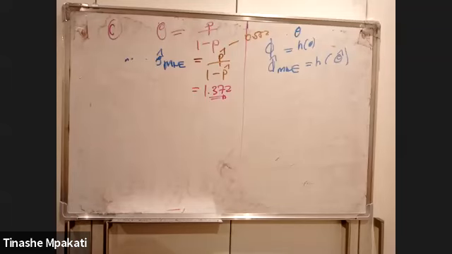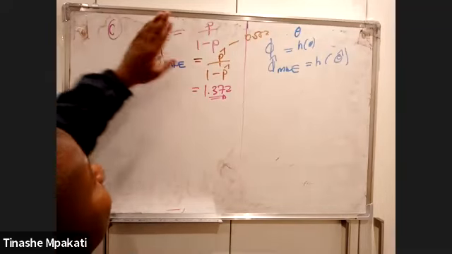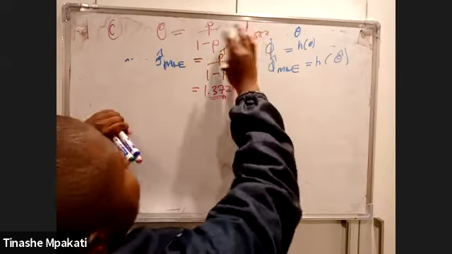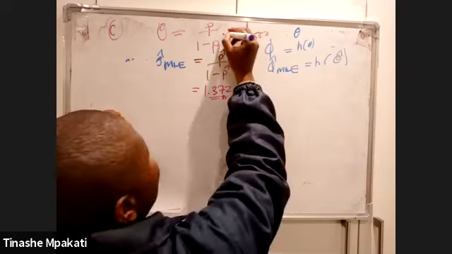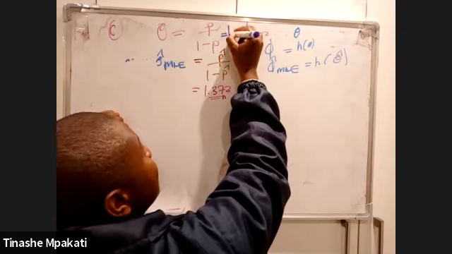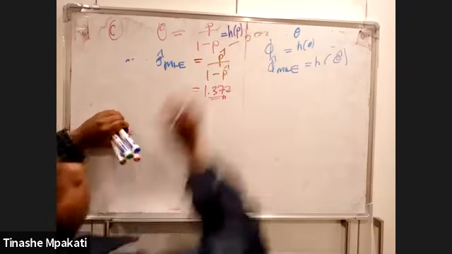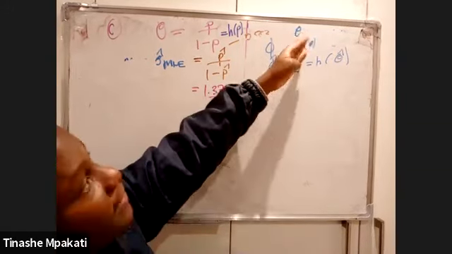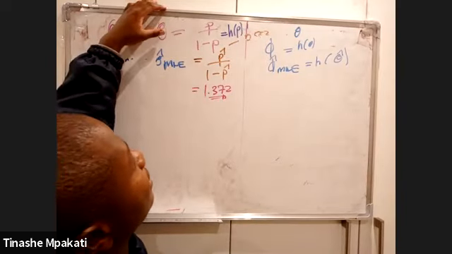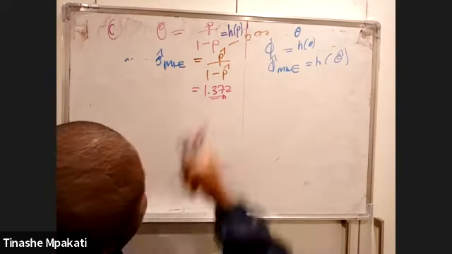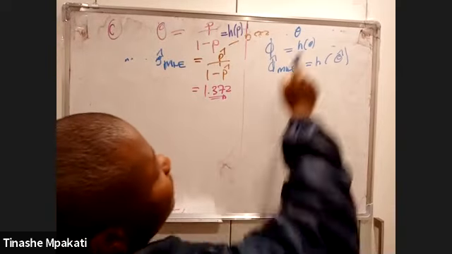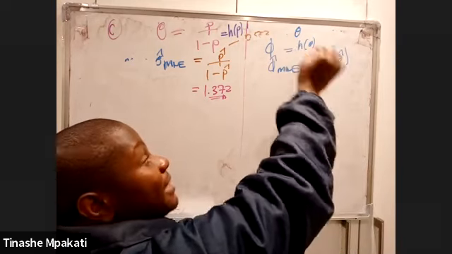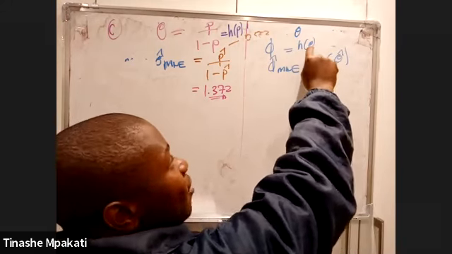So all I've just done is that we are given a new parameter in terms of P. So let me quickly write that now, that we're given theta equal to P over 1 minus P. And when I write this as a function, I would write this as h of P. Okay, h of P, because I know in theory we used h of theta, and one can easily feel like writing h of theta, but the reason we write h of theta in the theory is because this is saying the new parameter is given as a function of theta, right?